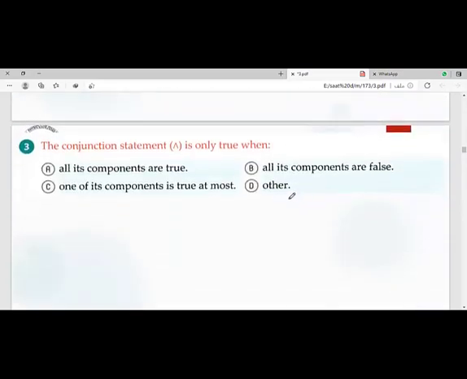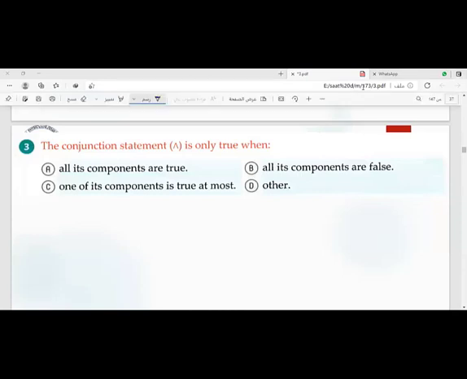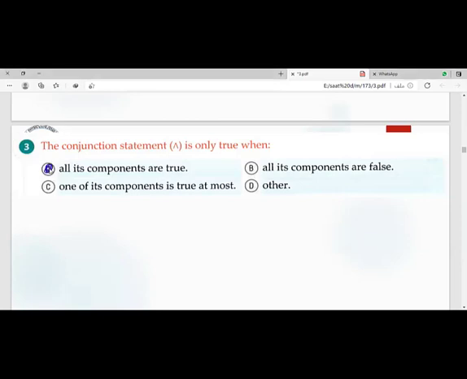The conjunction is only true if all the components are true.